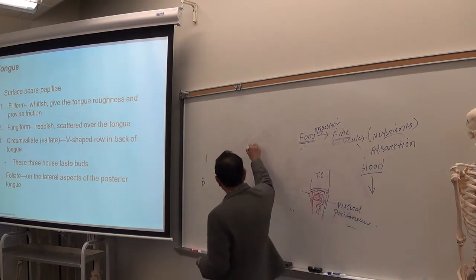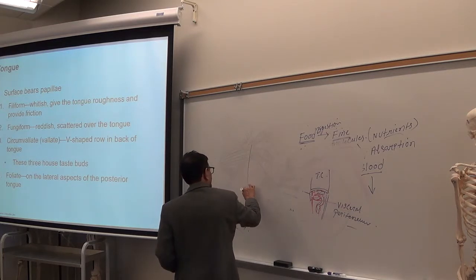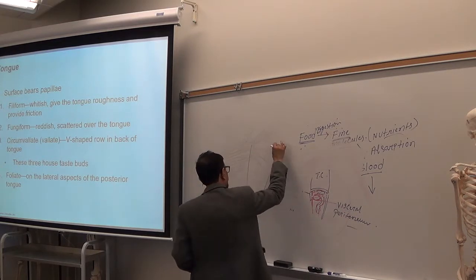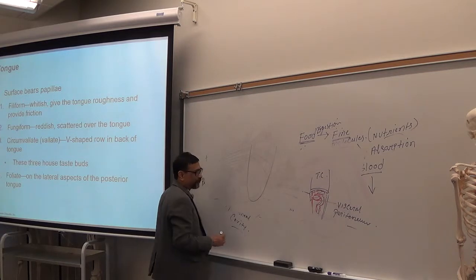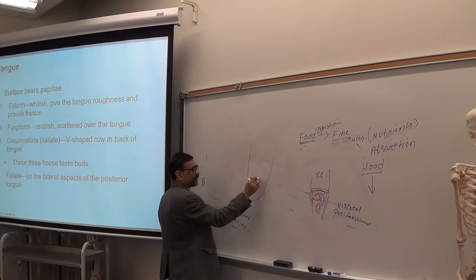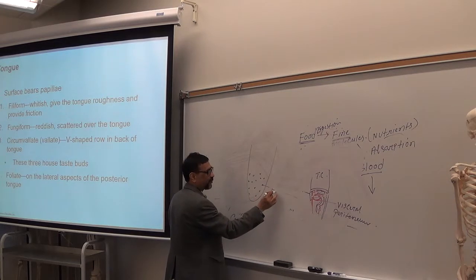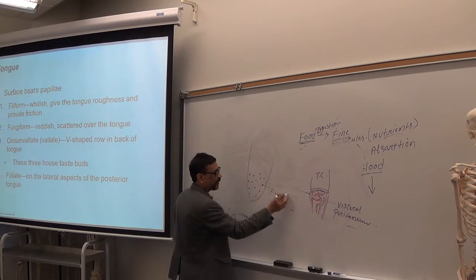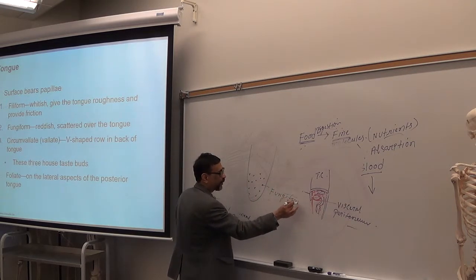Now, if you see the surface of the tongue, you see tiny dots in the anterior part of the tongue. These are fungiform papilla.